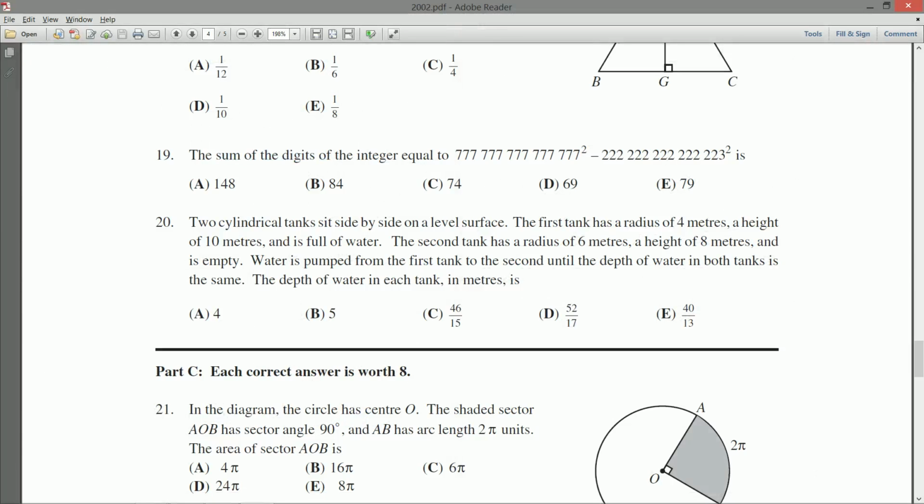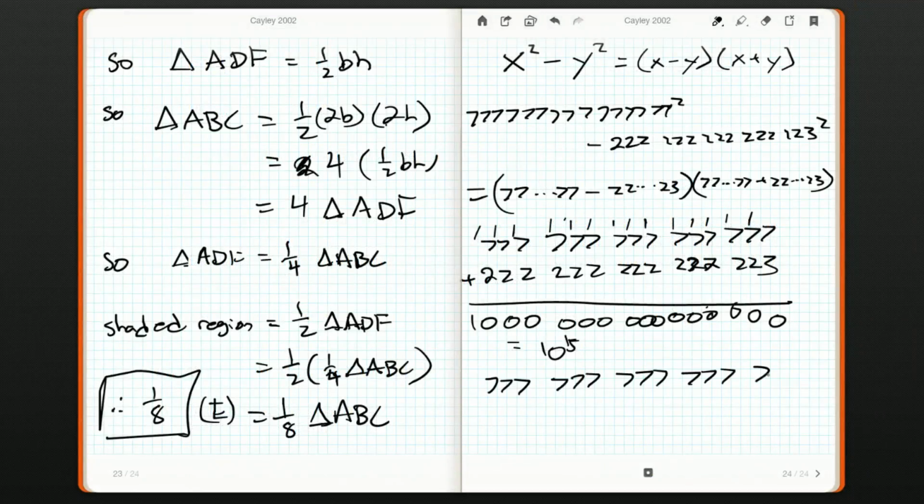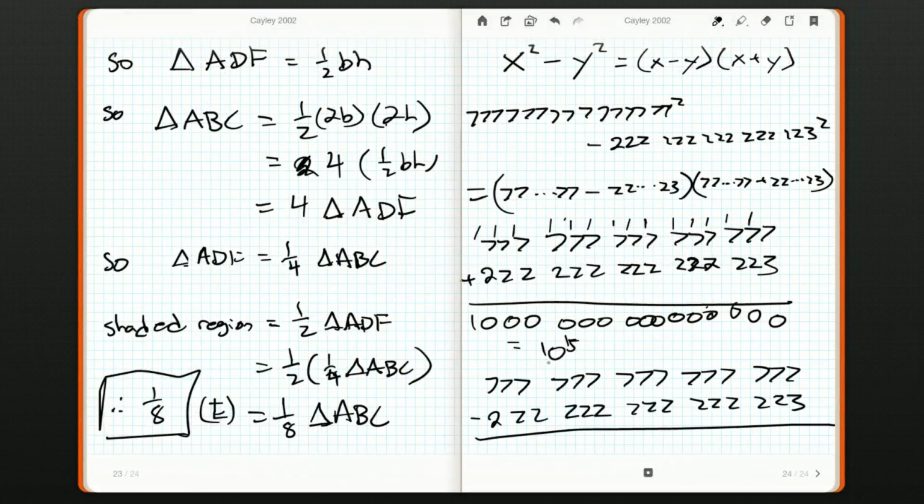So we've now changed the problem into, instead of summing these, figuring out the sum of the digits in the difference of these two numbers. So let's work out the difference here. Now, if I hadn't gotten something really nice like 10 to the 15 like I did, I might suspect that there's something else at work and that I've taken the wrong path with my difference of squares.